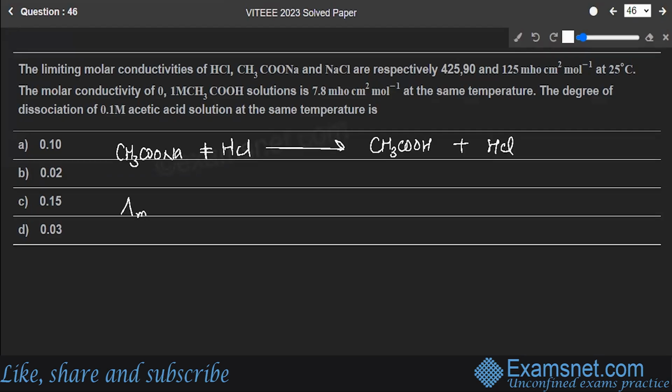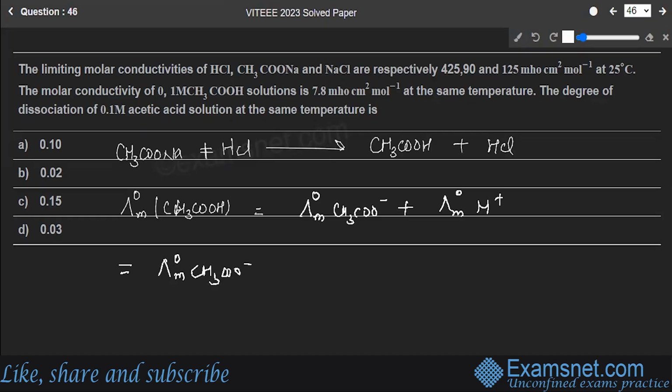Therefore, molar conductivity for the infinite dilution of CH3COOH is given by this: CH3COO plus H plus. This is equal to molar conductivity for the infinite dilution of CH3COO plus molar conductivity for infinite dilution for Na plus.